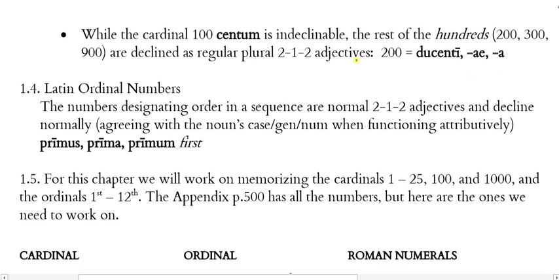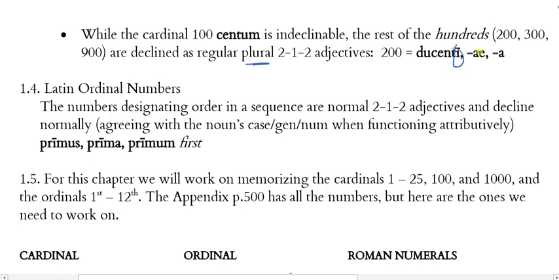One more comment. While the cardinal number 100, centum, is indeclinable, the reason this is under the declinables section is that all the other hundreds type of numbers, 200, 300, 400, up to 900, those numbers are declinable. And they are declined as regular plural 212 adjectives. In effect, when we have two sets of 100, then we're counting, right? Two hundreds, as it were.